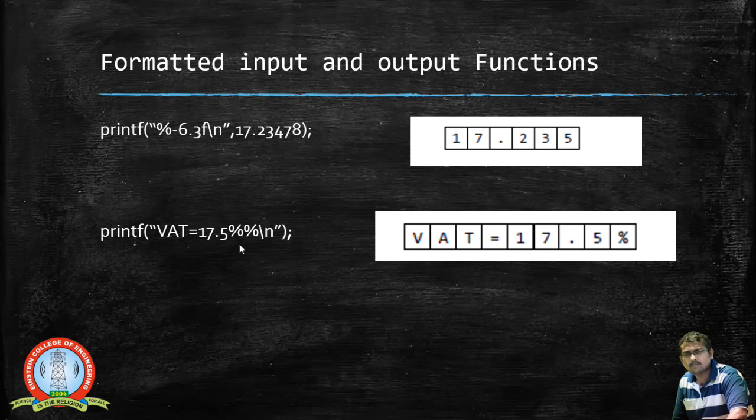So suppose you want to print a percentage itself, say I have a value added tax, VAT, which is to be printed as 17.5 percentage. Then I can use 2 percentage symbols, so that the percentage symbol will get printed in the output.